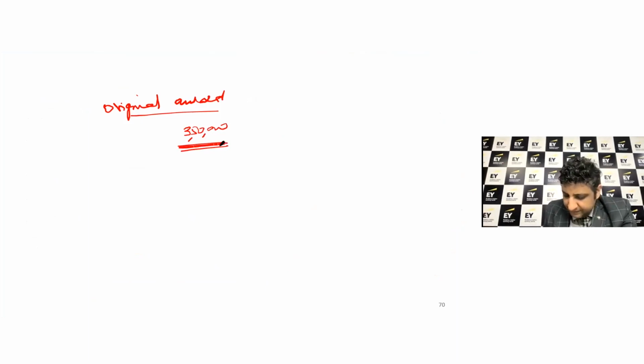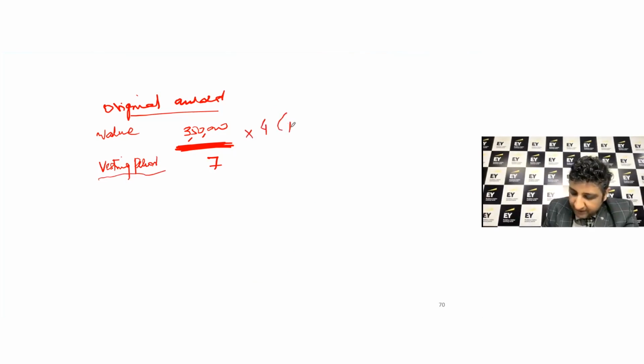But then it pertains to 7 years as per the original term, right? So this is the vesting period. Okay, and we are saying that 4 years are already gone by.